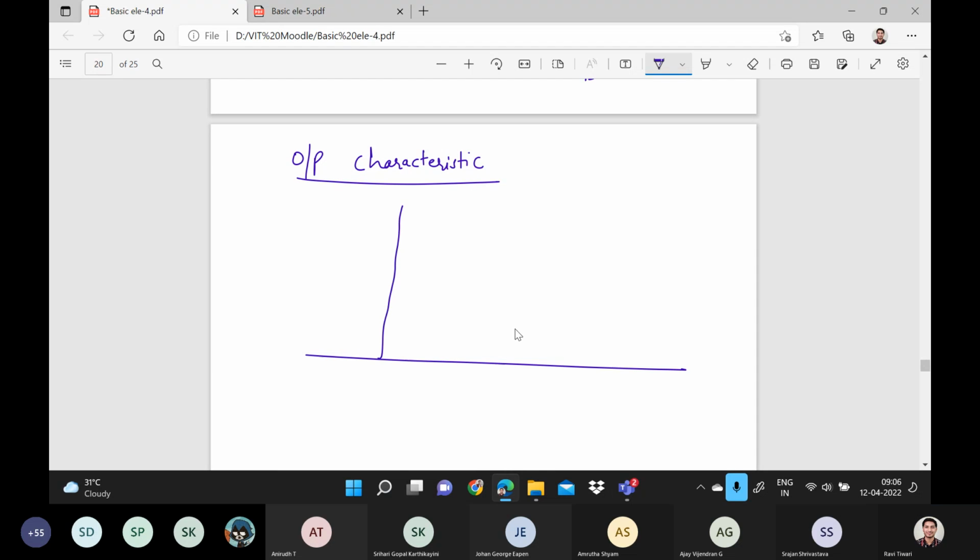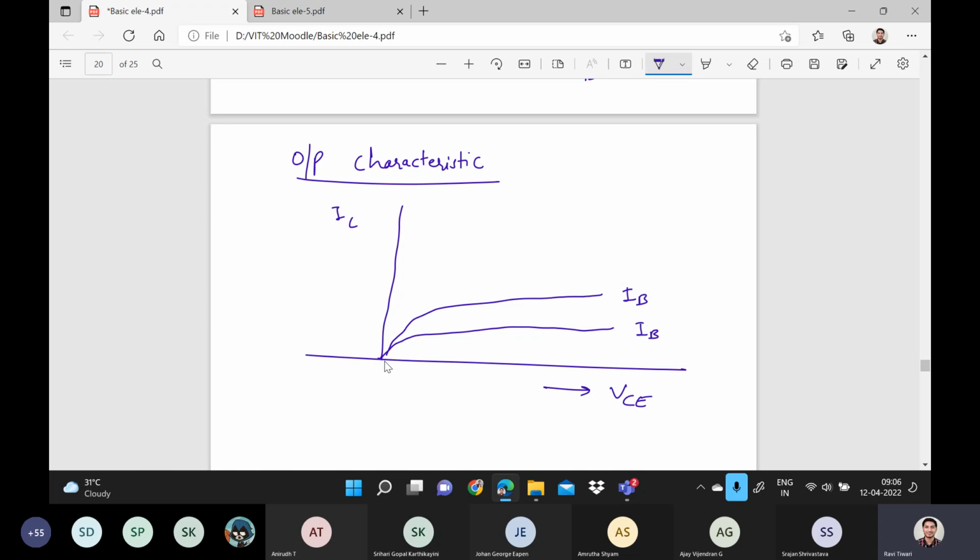So the output characteristic, if I draw the output characteristic of a BJT, this is IC and we are increasing the value of VCE. It will be like this for constant values of IB.